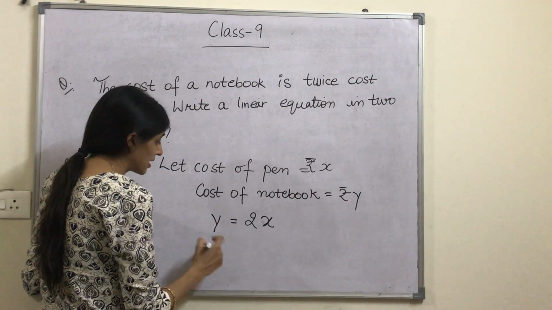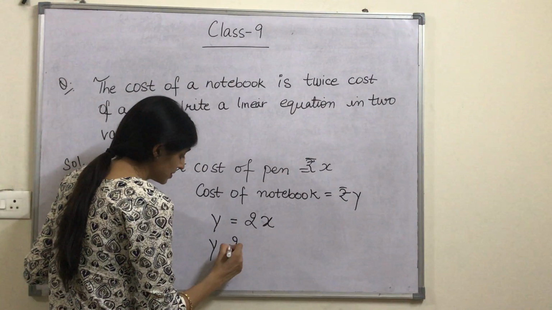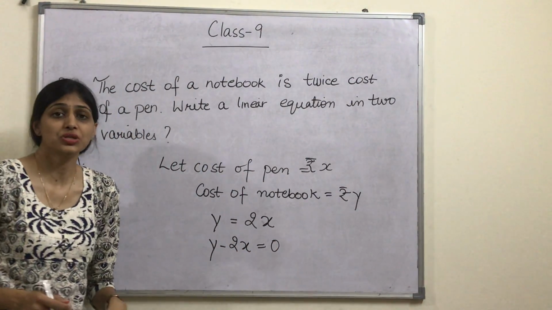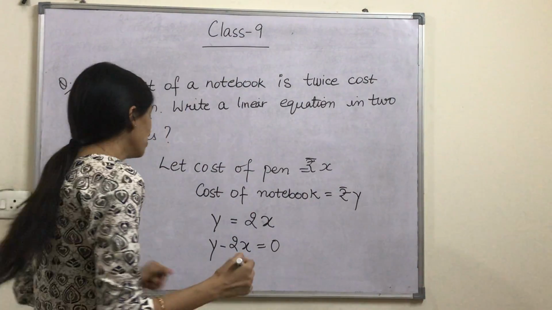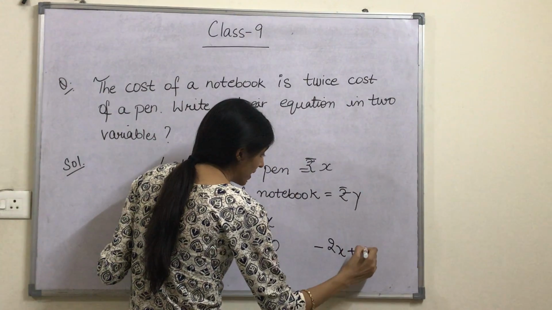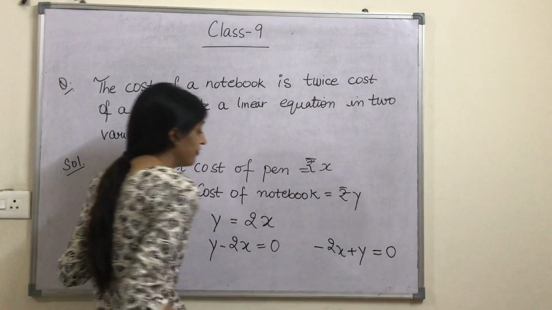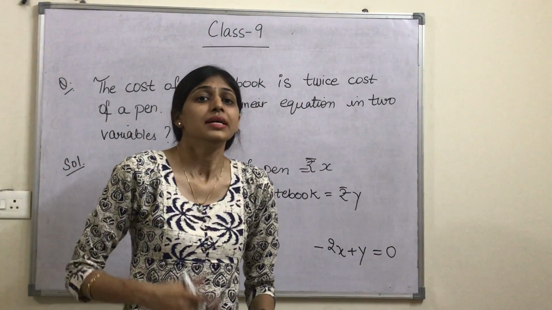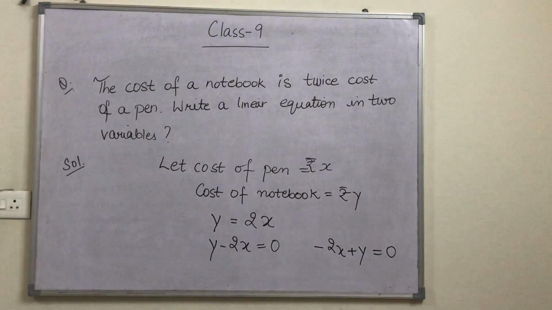When this variable comes to this side, it becomes a linear equation in two variables. You can write it as minus 2x plus y equals to 0 if you want x to come in the front position, right?